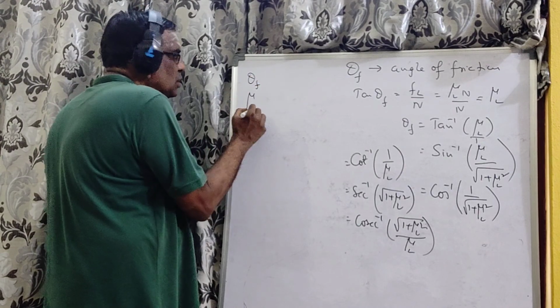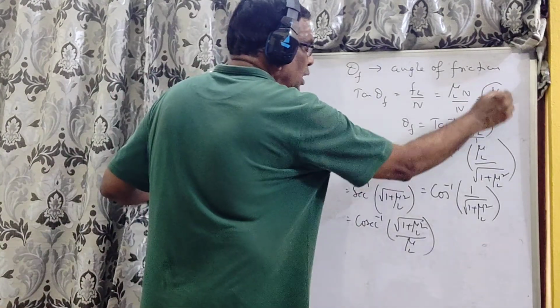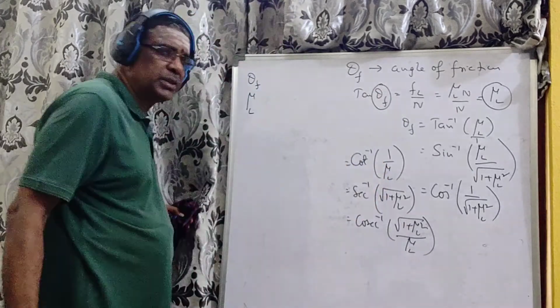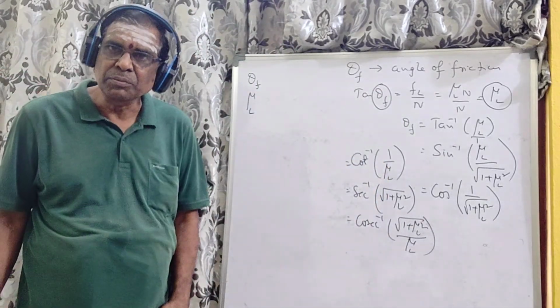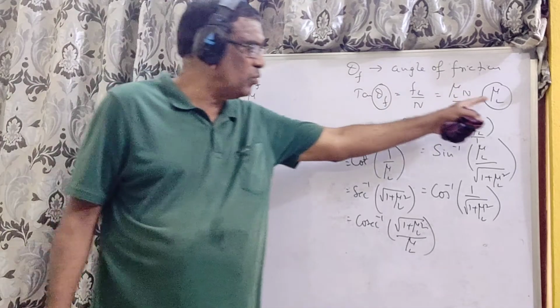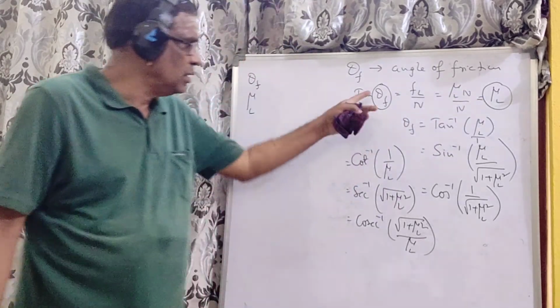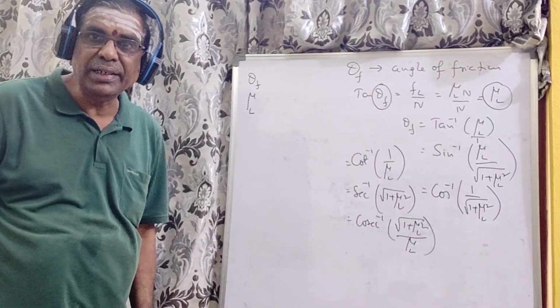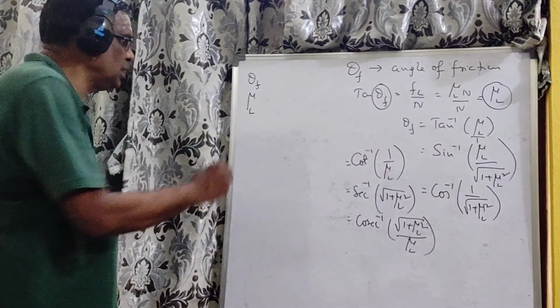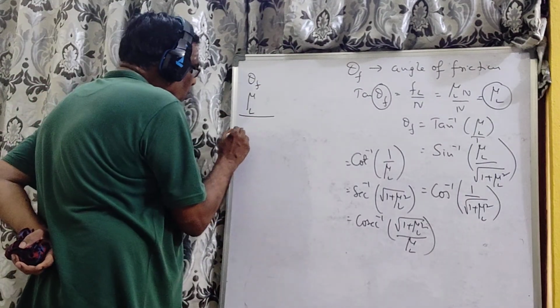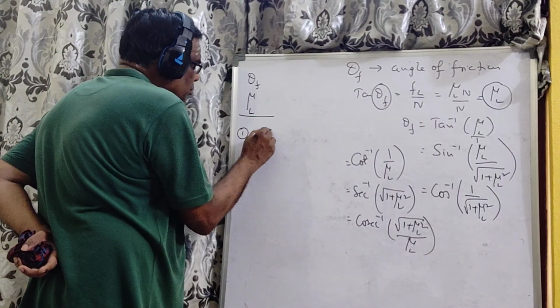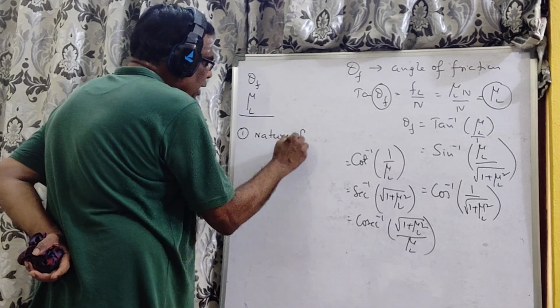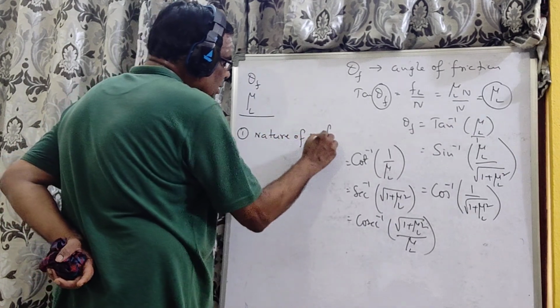Now, you have introduced this theta F here. We have introduced mu L, theta F are absolutely related. Whatever the factors on which mu L depends, your theta F also depends. So what factors would these two depend on? One, nature of surfaces.